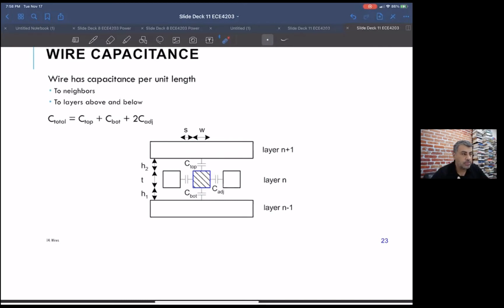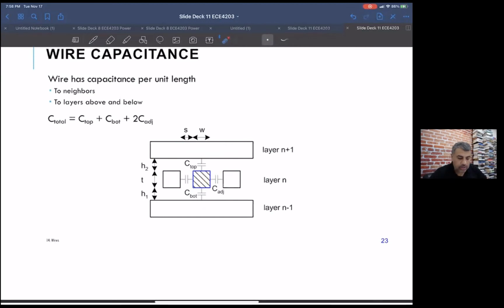When you look at the wiring of your chip, you have wires on top, wires on bottom, wires on the side. And these are all affecting your fringing fields, your capacitance, and how much things talk to each other.